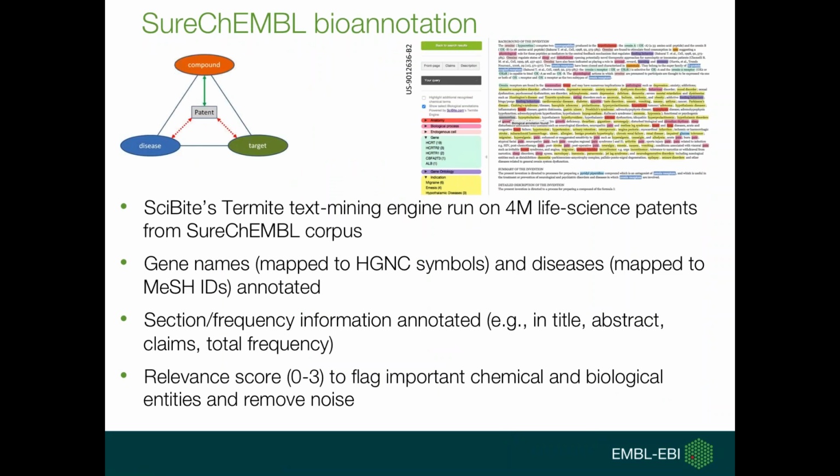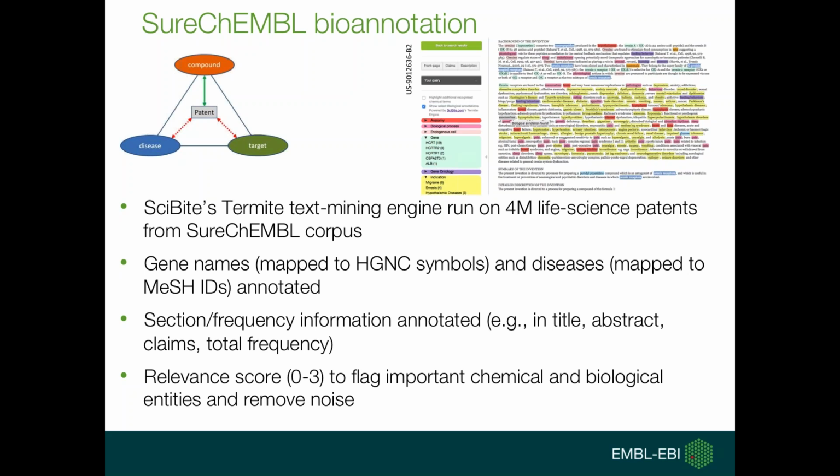So Termite flagged and identified gene names and then mapped them to HUGO symbols and also diseases and mapped them to MeSH IDs. And of course, Termite also annotates the exact section where these entities were found. So there could be in the title, abstract, claims, and description.